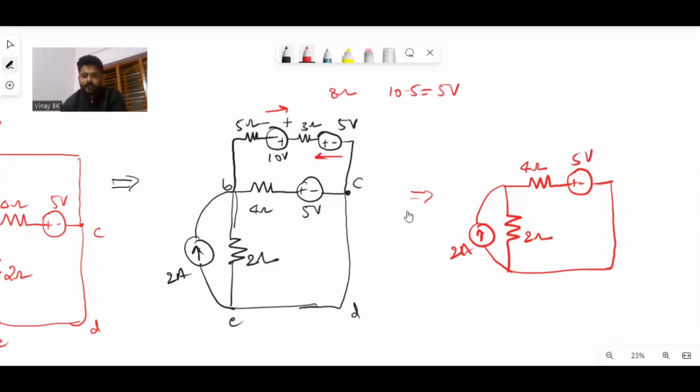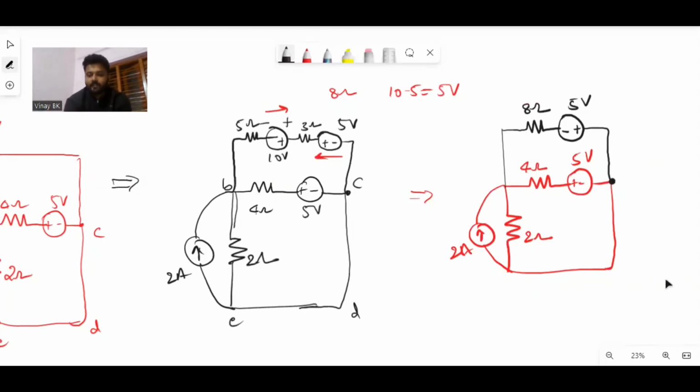So again I'll write the simplified part here. 5 plus 3 is 8. So I will write here 8 ohm and 10 minus 5 is 5. The source having the left to right arrow mark has the highest magnitude, so I will write minus, plus, this is 5 volts, this is 8 ohm.